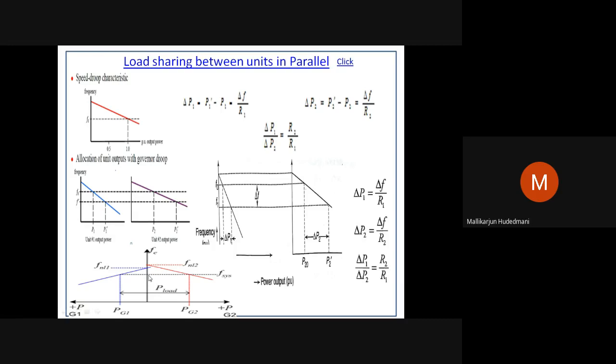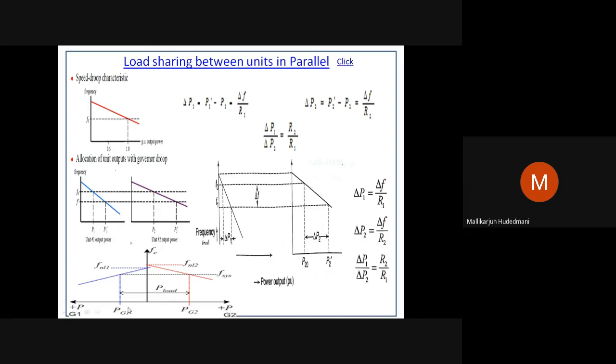Suddenly, load is increased. What will be the observation? A drop of frequency. Suppose you draw a parallel line just one line below, like this. A parallel line will intersect the first curve at a different point and the second curve at a different point. There will be a change in power output from machine 1 and a change in power output from machine 2.